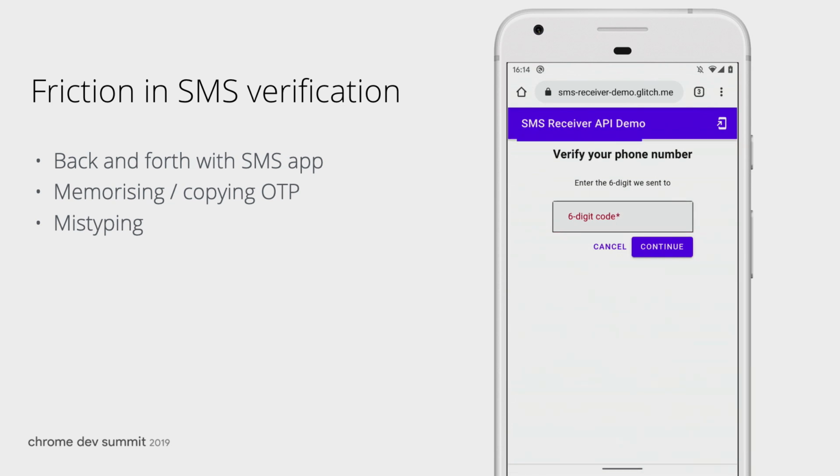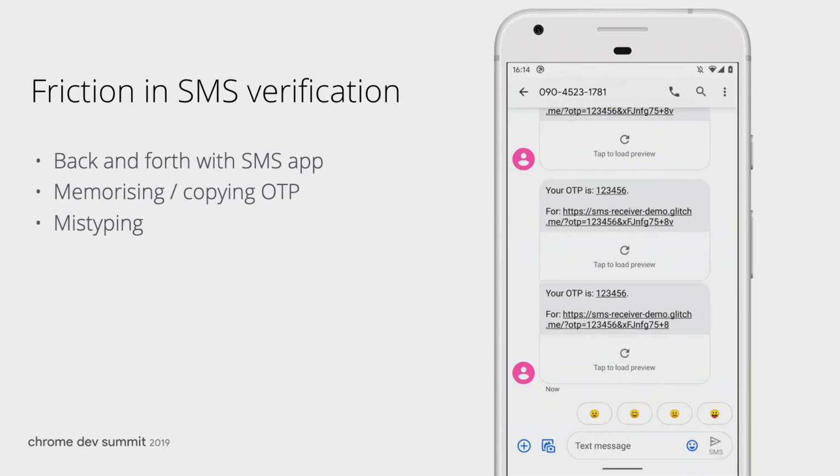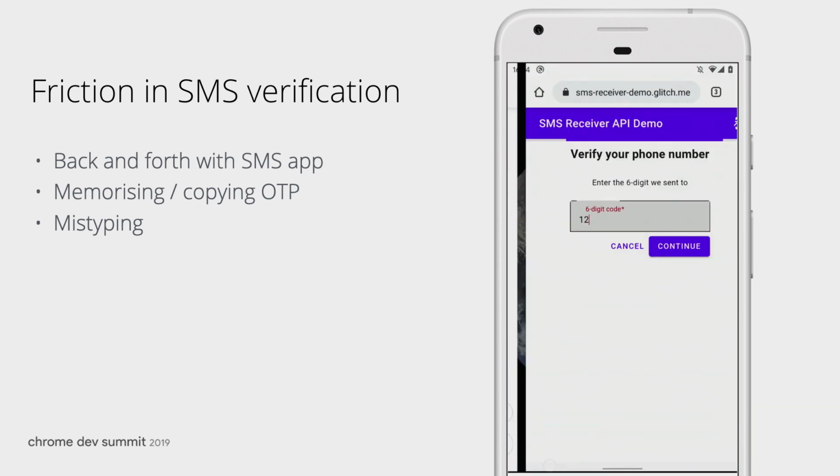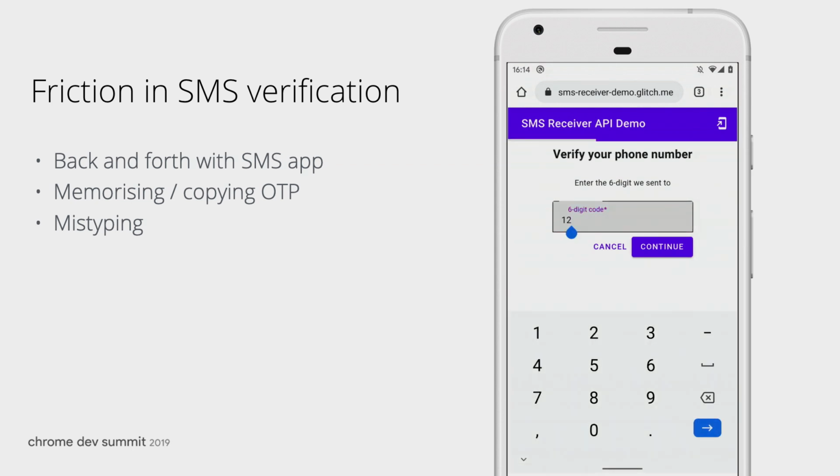To enter an OTP, the user has to open the SMS app, then remember or copy the OTP from the message, go back to the website, and enter that into the form. It's so easy to make mistakes, and sometimes you have to request a resend.